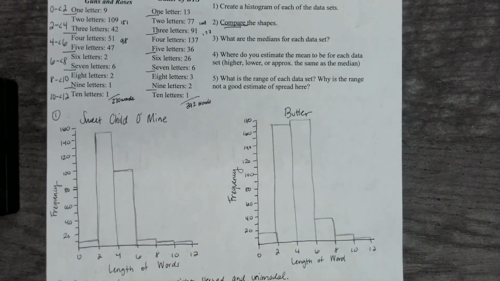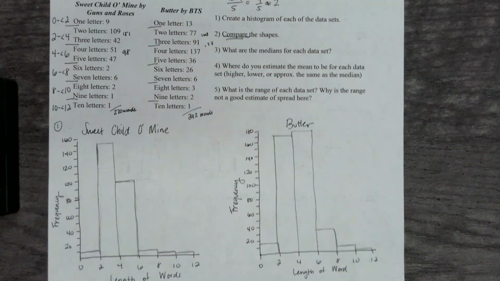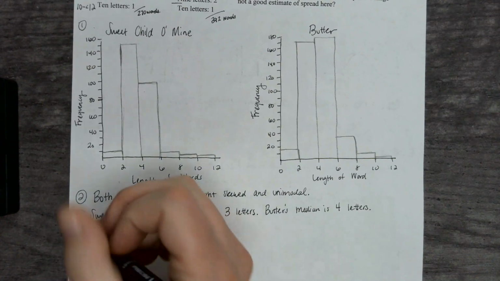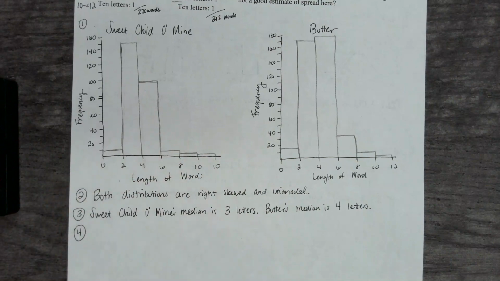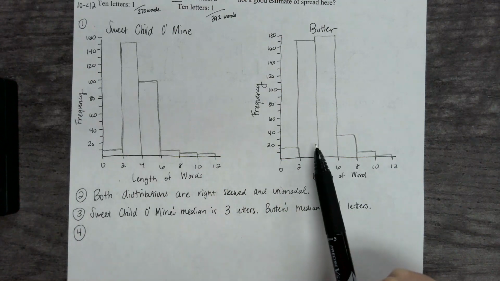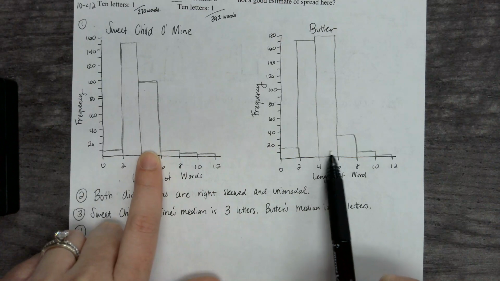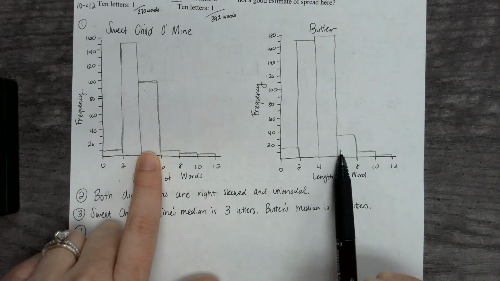Now, looking at our question 4, it says, where do you estimate the mean to be for each data set? Higher, lower, or approximately the same as the median? My mean will probably be higher than my median. So my median's going to be right in here. My mean is probably going to be higher than my median because we have, especially in Butter, a lot more 5 and 6-letter words.